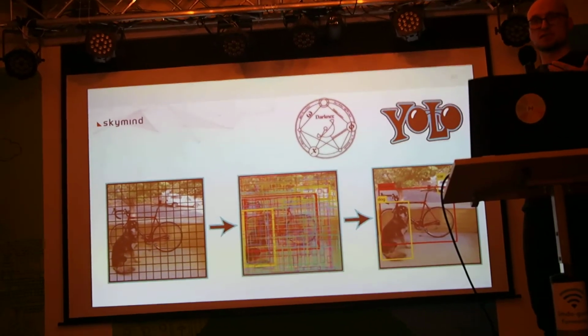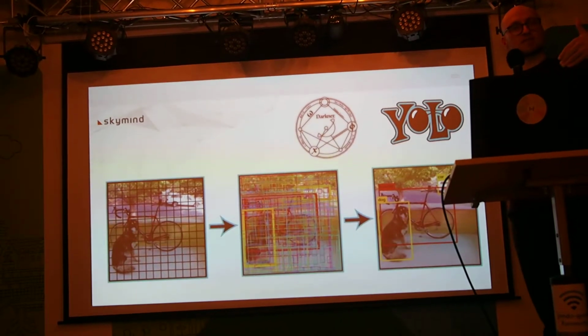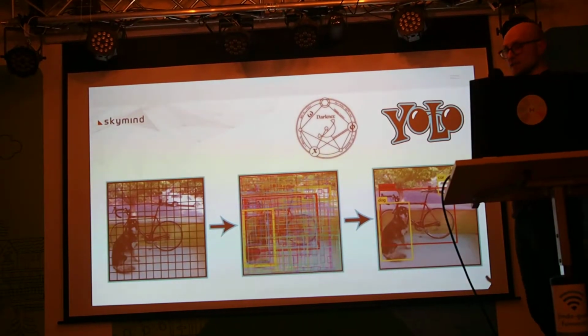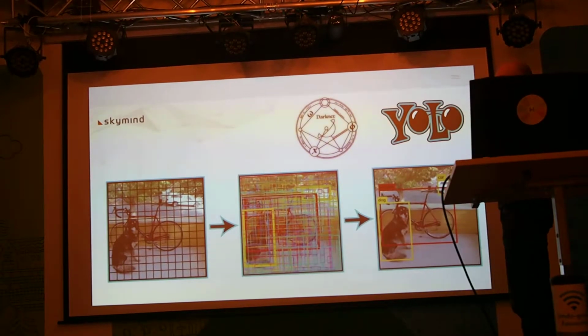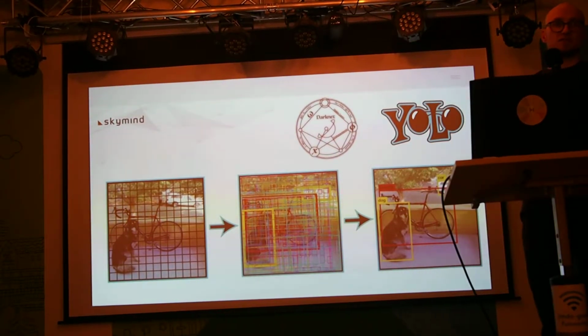You define a certain threshold, usually 0.5, and only predictions with confidence higher than this threshold are really reported by the algorithm. So this leaves us in this example only with a dog, a bicycle, and a car, right? All the other bounding boxes have too low a confidence to be reported back.